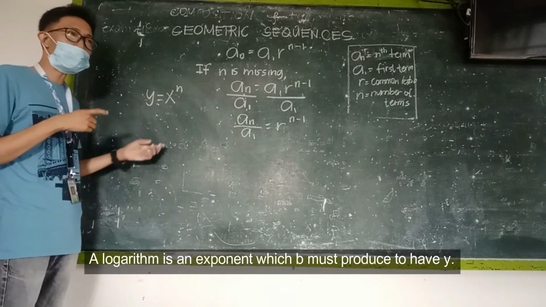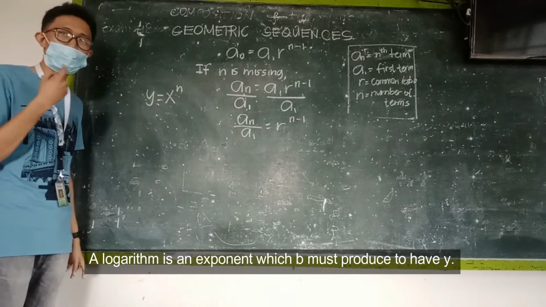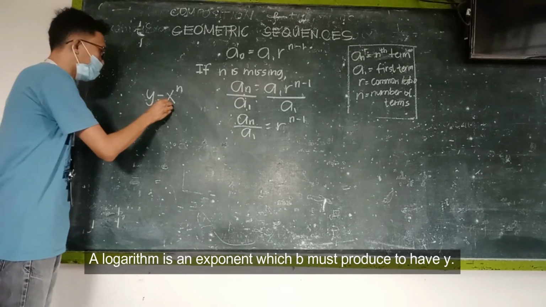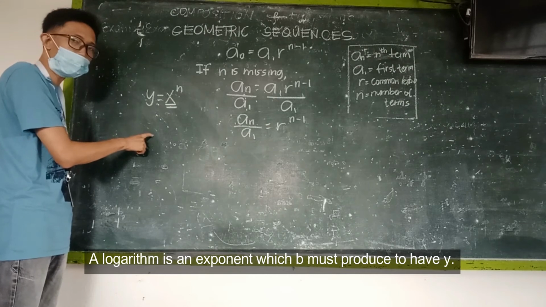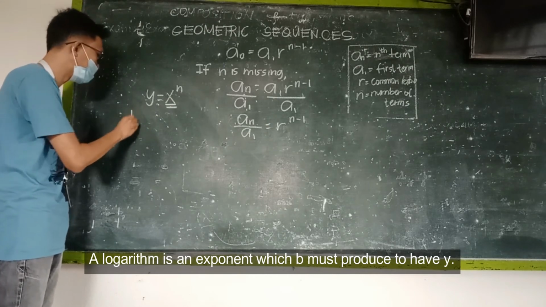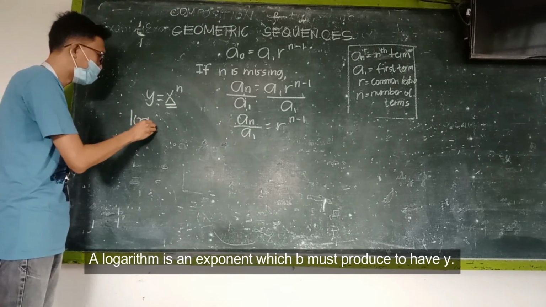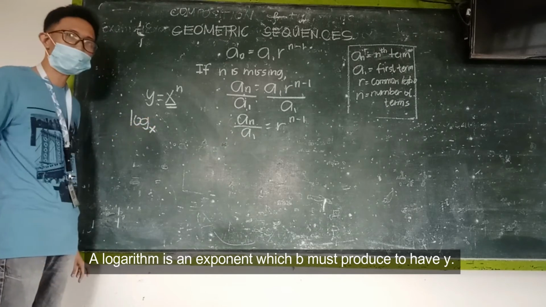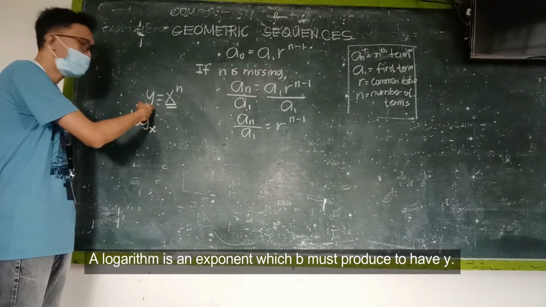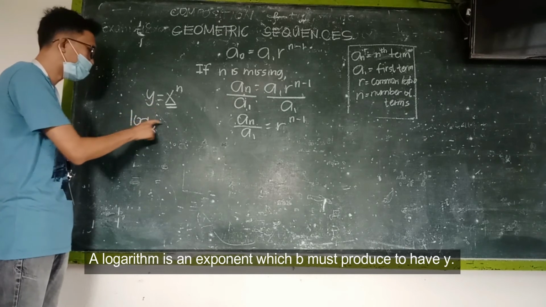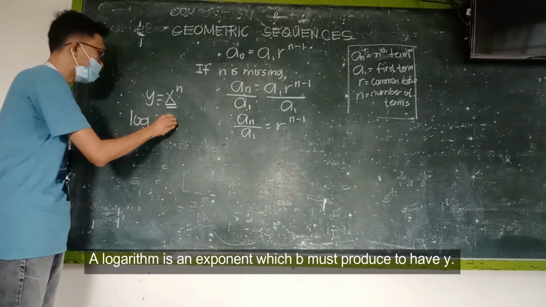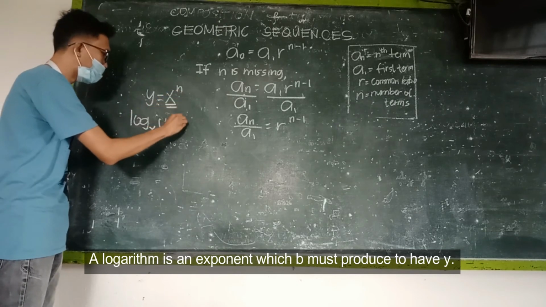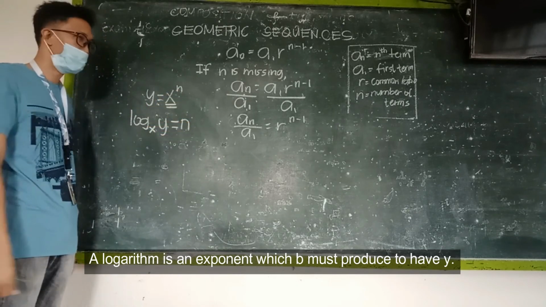So, in changing exponential functions to logarithmic functions, the base here will be our base in our log function. So, magiging log, then base natin is x. Yung sagot natin dito, yan yung magiging partner nitong log na to. So, magiging n is equal to log of y base x, ang exponent, yun ang magiging sagot.